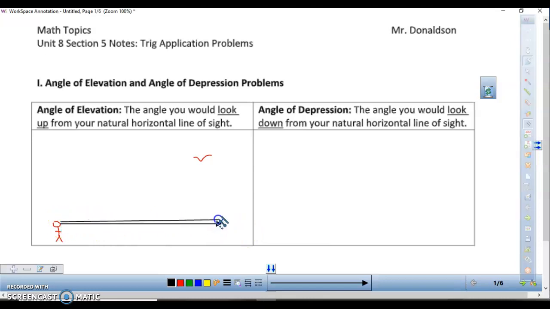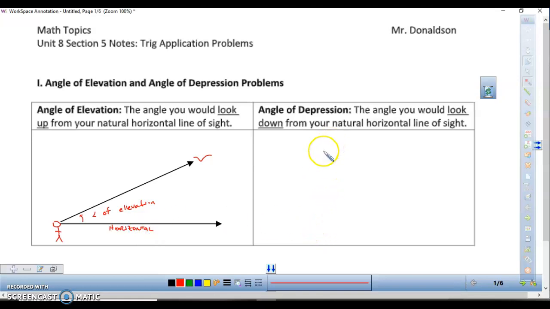When I look up to see that bird, that angle that I look up from my natural horizontal line of sight, that, my friends, is the angle of elevation. Sorry about my bad handwriting there. And also this is horizontal line of sight.